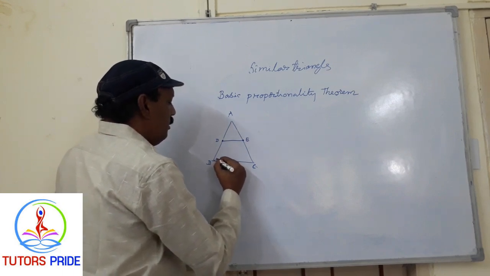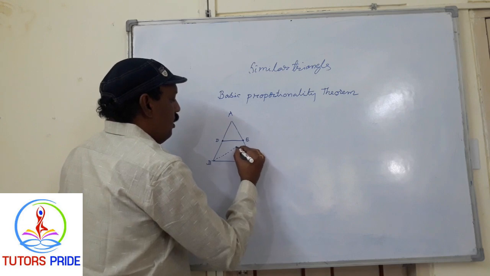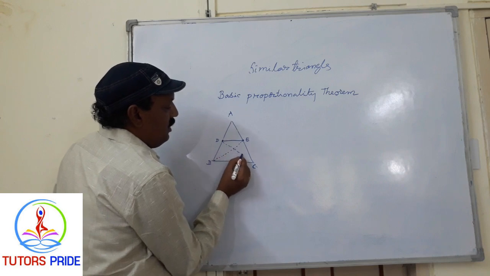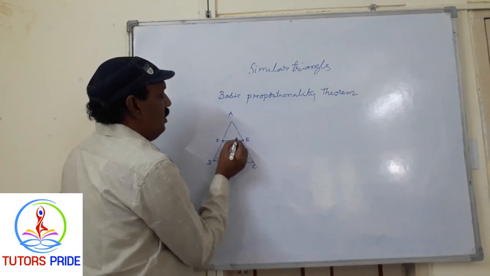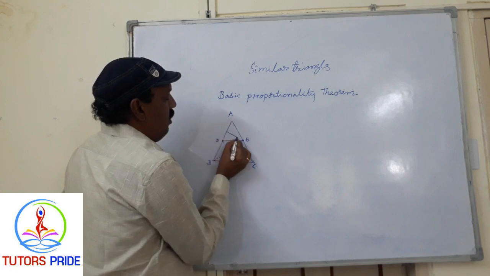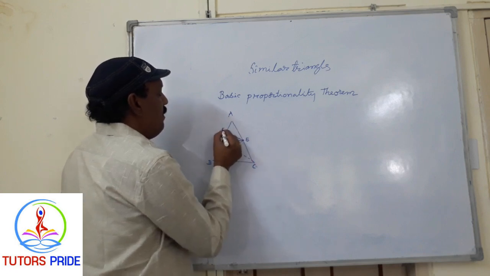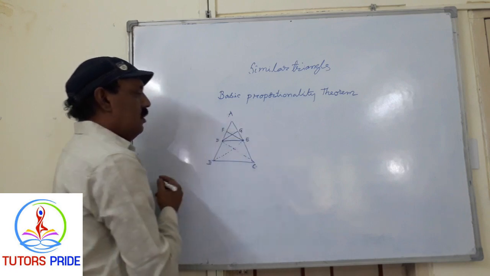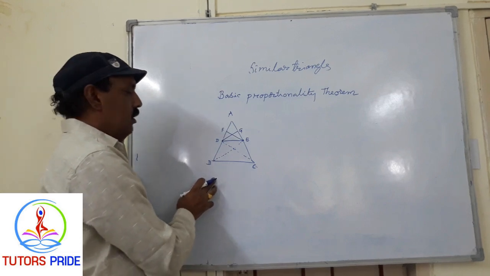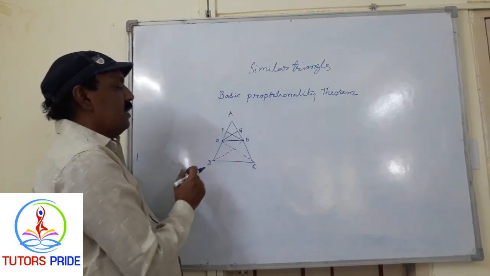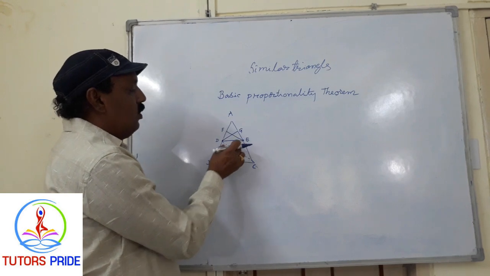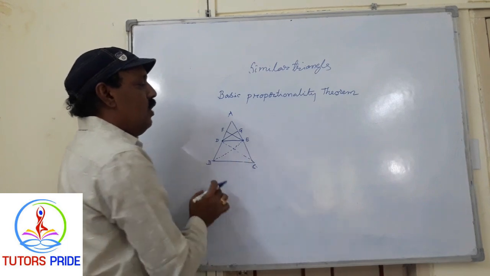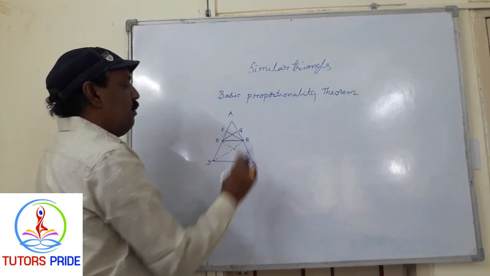Now you join B to E, you join C to D, and you draw EF and DG. These are the constructions we must undergo to show that this theorem perfectly gives the ratio of AD by DB, AE by EC.